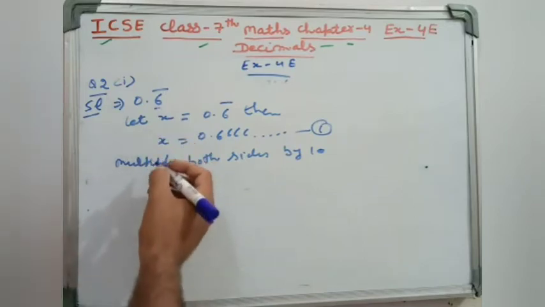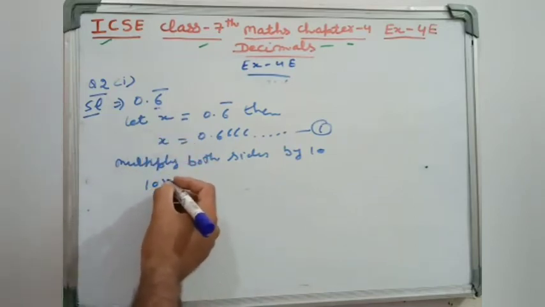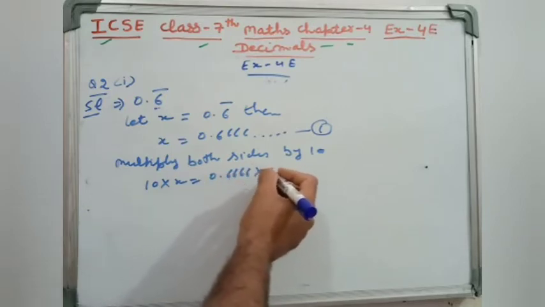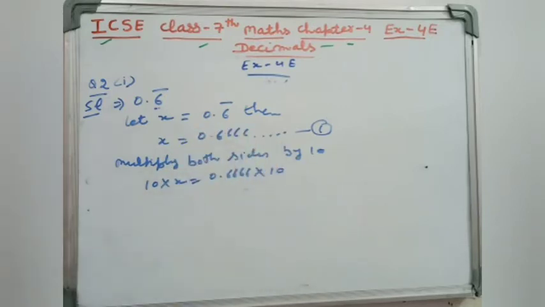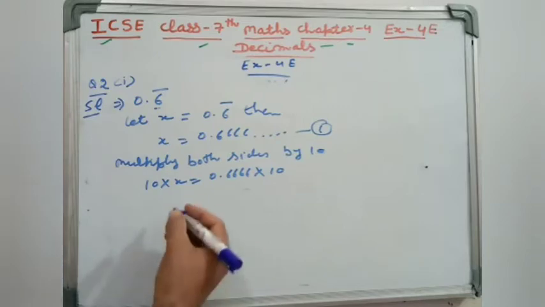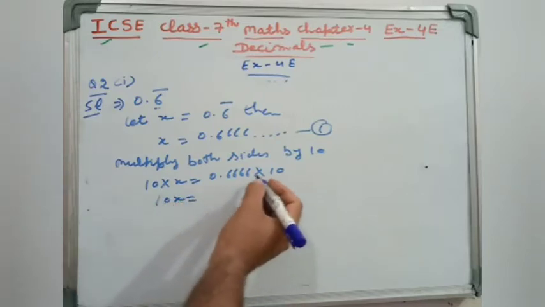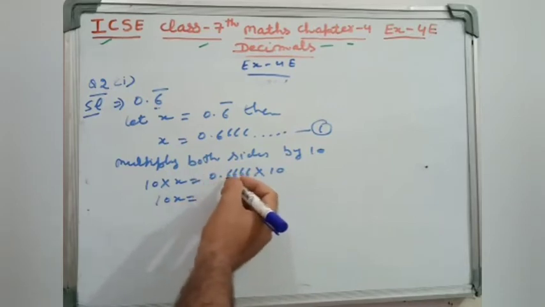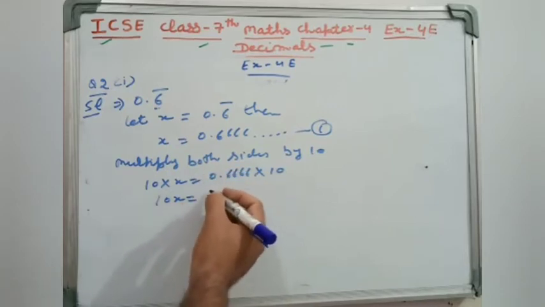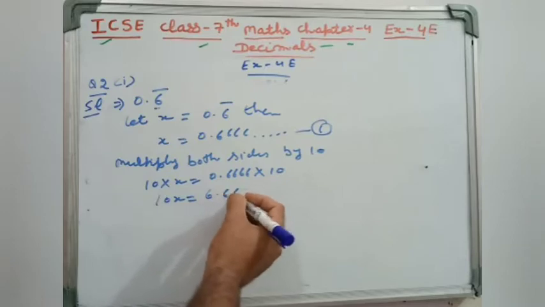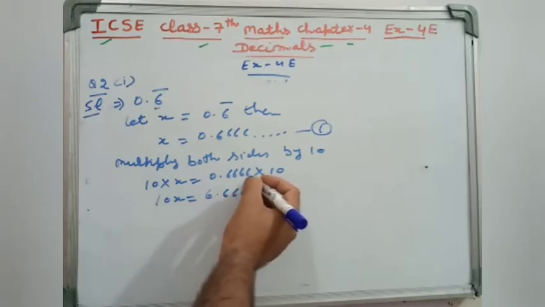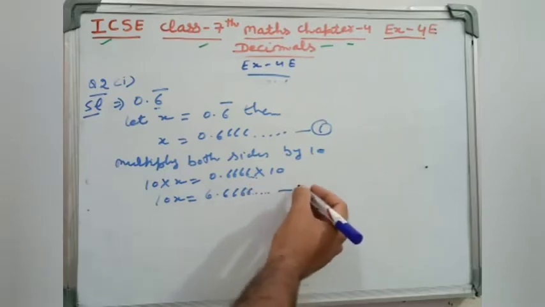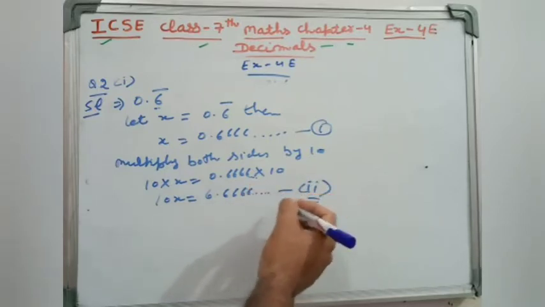So 10 is multiplied by x, and 0.6666 is also multiplied by 10. We get 10x here. The decimal moves one place, so this becomes 6.6666. This is our second equation.